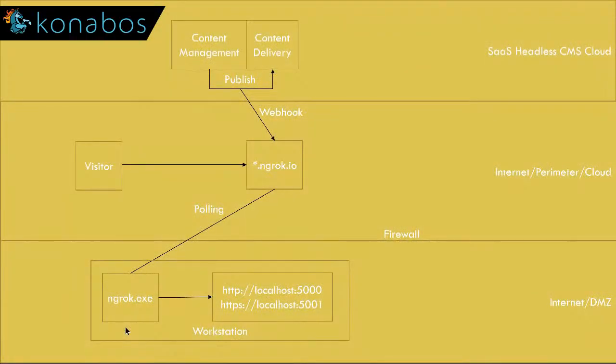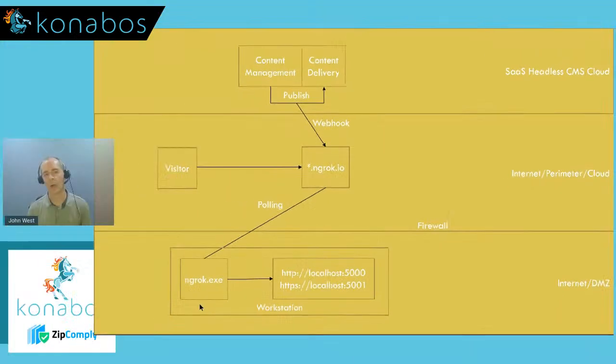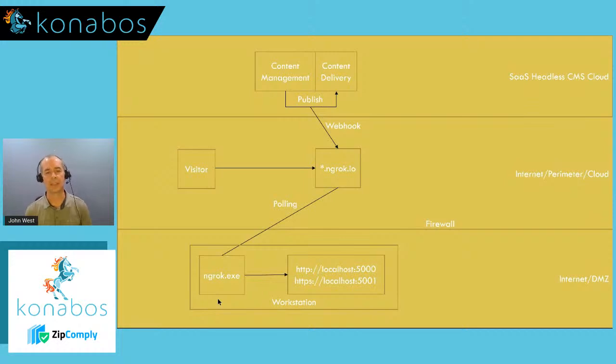So here is a diagram. I apologize for it, but you can see at the top we have the vendor's cloud, and we have two basic environments there. We don't know the internals of that, but there's a content management repository and a content delivery repository. When we publish, we're basically migrating data or updating a flag in the content delivery repository to say this version of this entry is now live or deleted or whatever it is. When we do that, if we've configured webhooks, they can call the external systems.